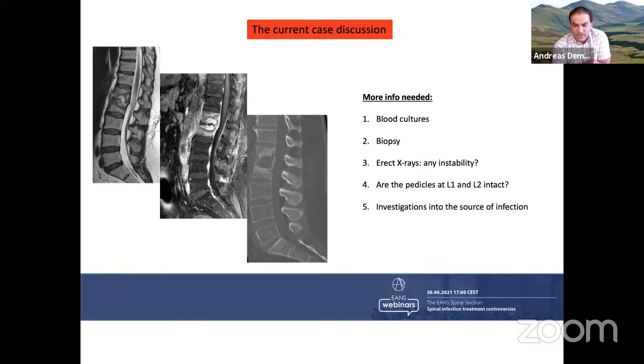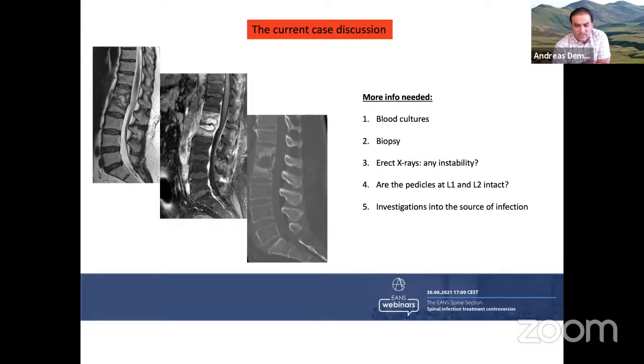There is more information needed, and I know this is a way of how we're going to stage this discussion. But of course, before any decisions are made, we need to know the result of any blood cultures, the result of any biopsy cultures. I would also add that we need some erect X-rays to assess for any instability or kyphotic deformity.